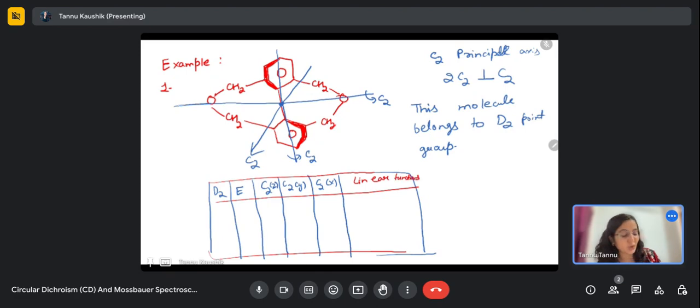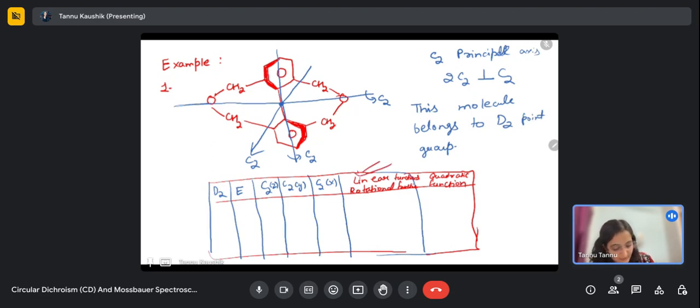We can say the coordinates, the position vector, x, y, and z, and rotational functions. And in the next column, we generally write quadratic functions. Here in our case, we are mainly interested in the linear functions.